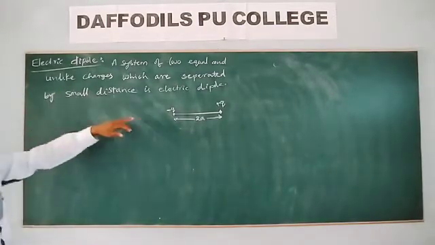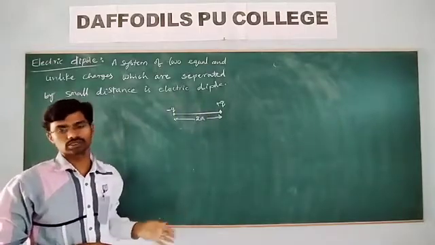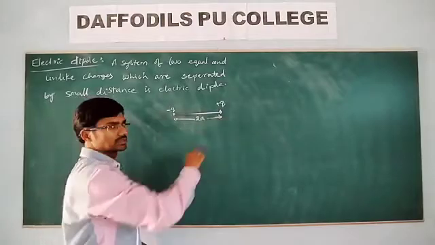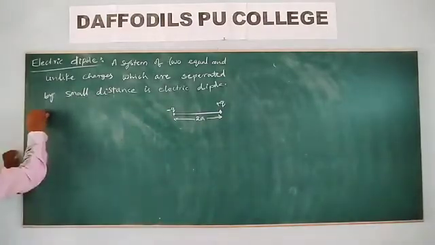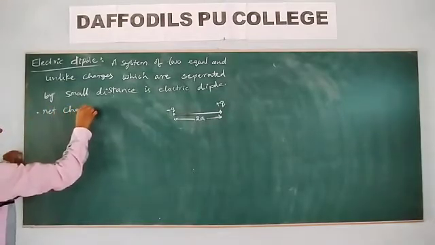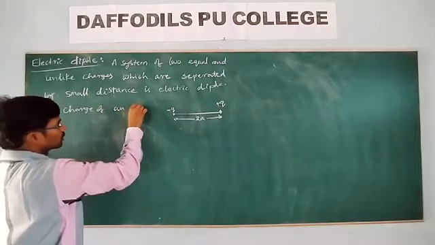Tell me, what is the net charge of this electric dipole? Is it 0 or not 0? Net charge is minus Q plus Q, so the net charge of an electric dipole is 0.